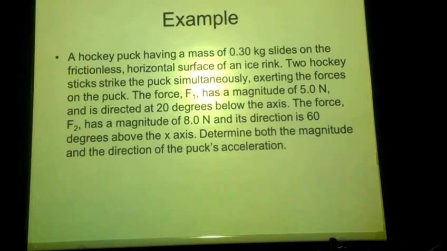The force F1 has a magnitude of 5 newtons, and it's directed at 20 degrees below the axis. So we should be drawing a picture right now of the situation. The force F2 has a magnitude of 8 newtons, and its direction is 60 degrees above the x-axis. Determine both the magnitude and the direction of the puck's acceleration.